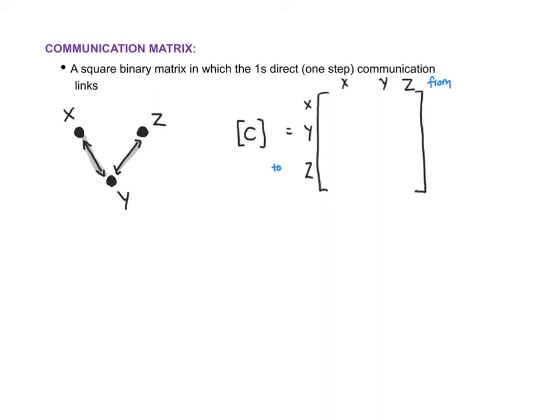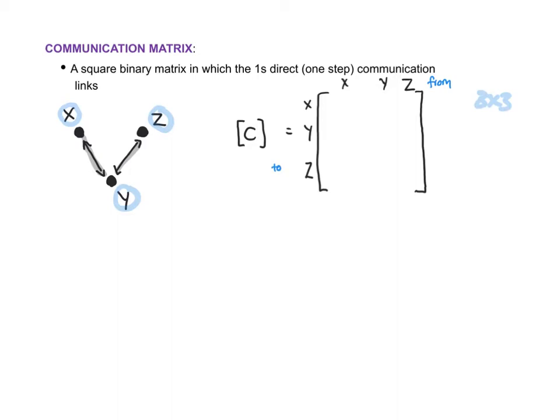When we go to set up our first communication matrix, it's a square, so you work out how many people or things you have, and we've got 3, so we're going to have a 3 by 3 matrix, and you can see I've created that.